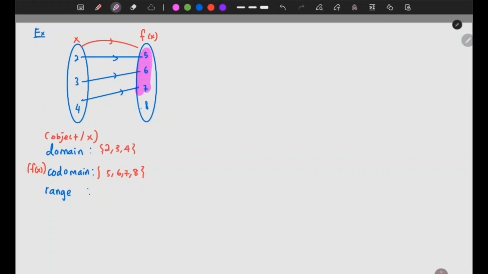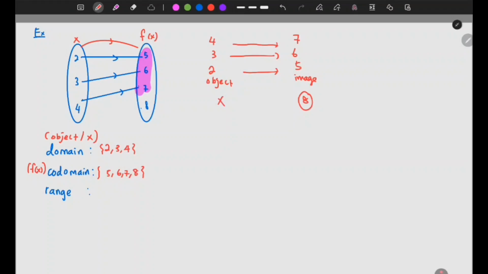If you realize, the 8 there has no object. 2 is the object, and the image you get is 5. 3 is an object, the image you get is 6. 4 is an object, the image you get is 7. But 8 is in the fx, so it's under the image, but it has no object.